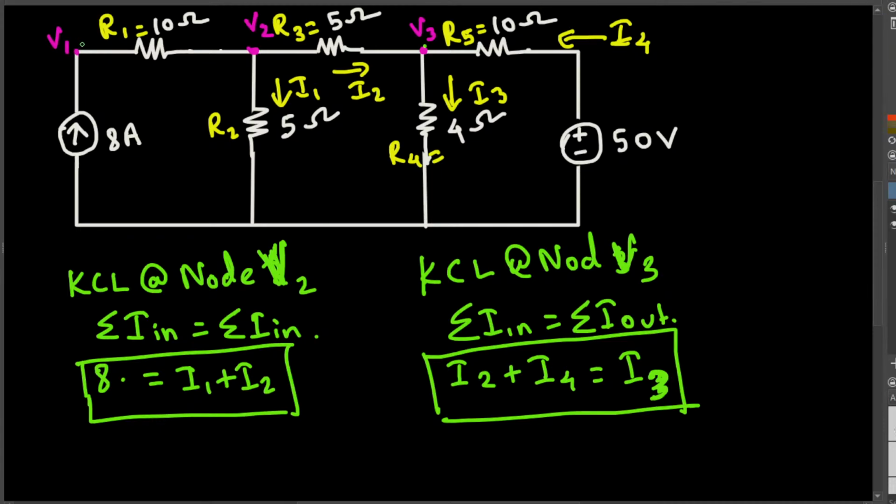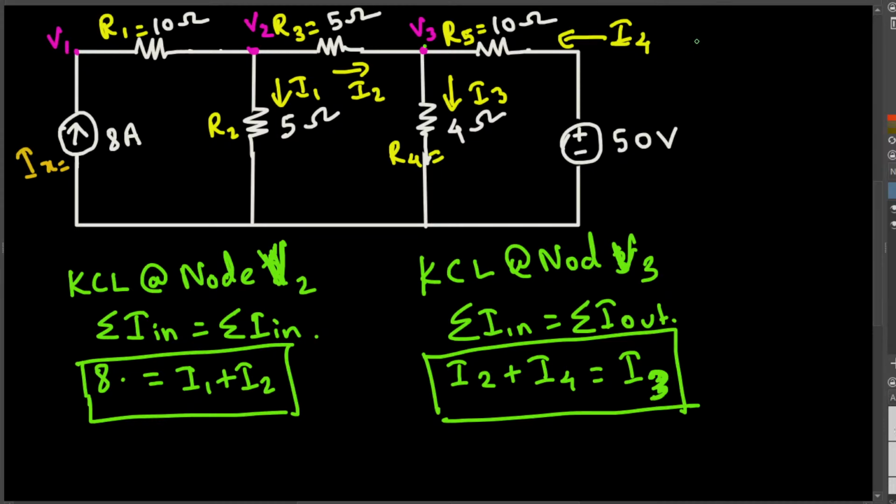So first let's look at the current passing through this. Here we have the current provided, that is 8. Let's call this one Ix. Ix is equal to 8 ampere. If I create an equation for it, since current is flowing from here to here, V1 is the higher potential because current flows from higher potential to lower potential.